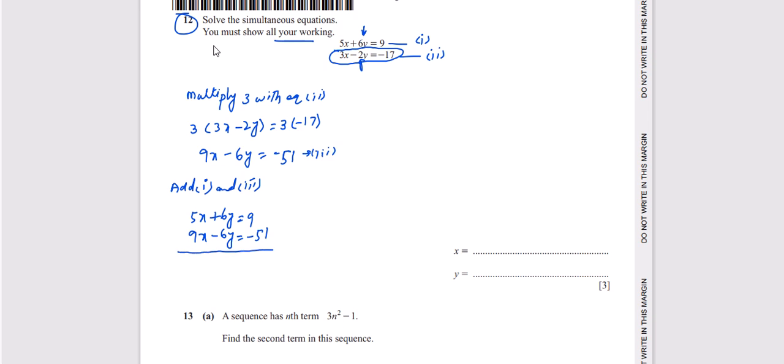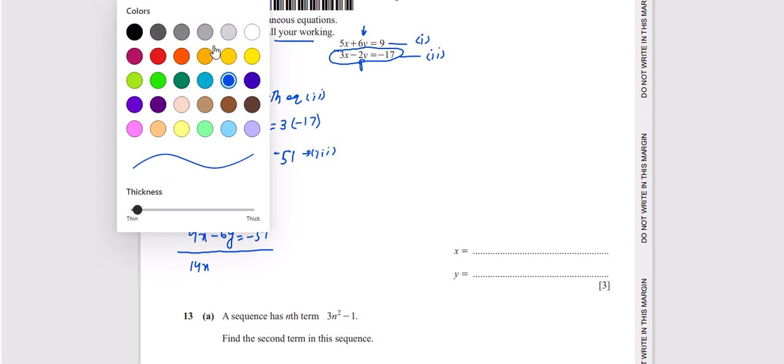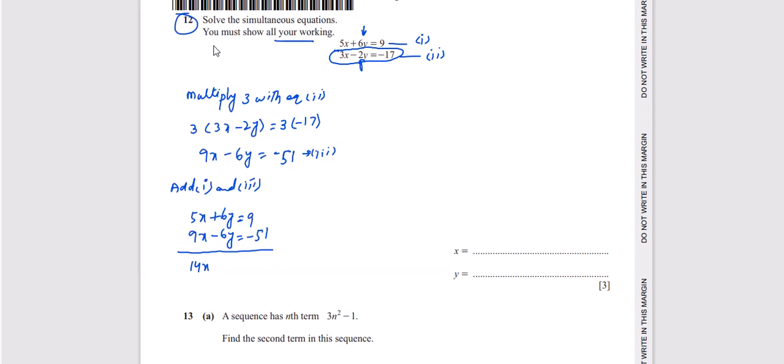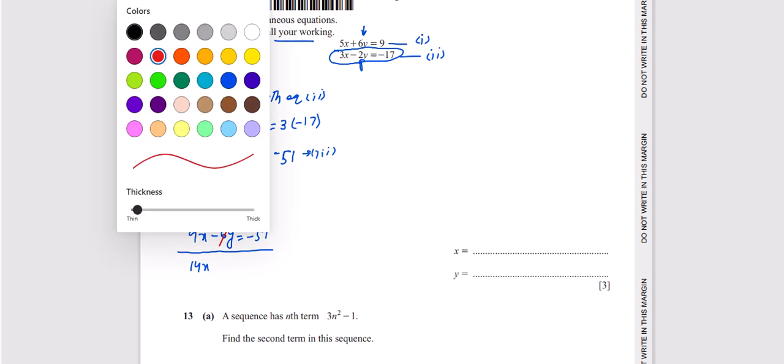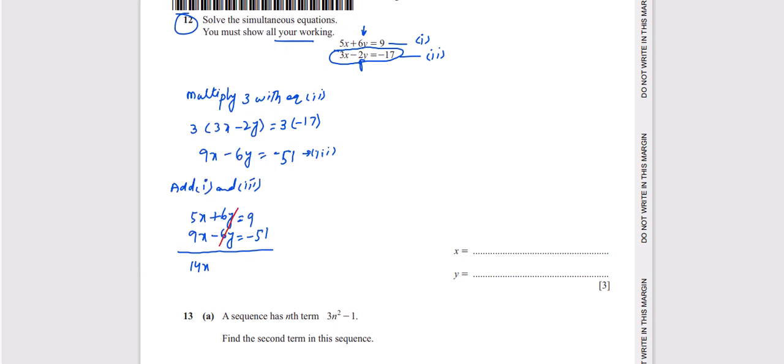So 9x plus 5x is equal to 14x, and plus 6y and minus 6y cancel with each other. So 9 minus 51 is equal to minus 42.